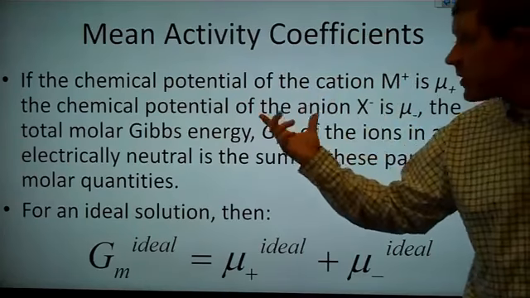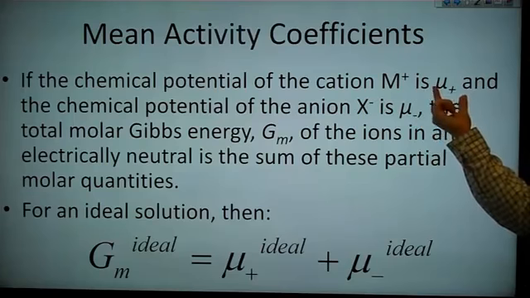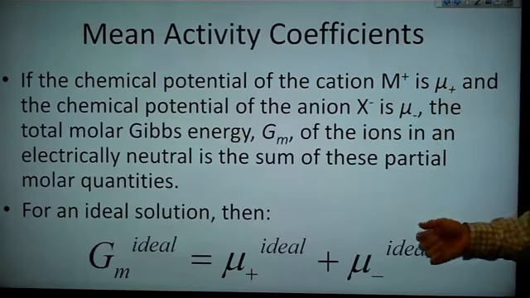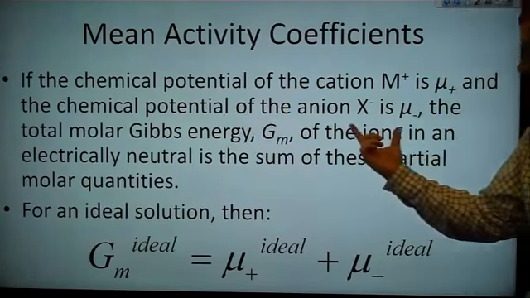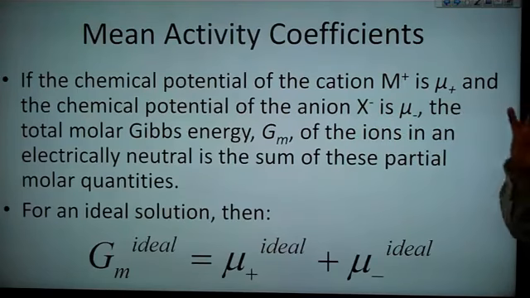All right, so the chemical potential of the cation M+ we're going to write as mu plus, and the chemical potential of our anion X- we're going to write as mu minus, just to keep the notation in check a little bit.